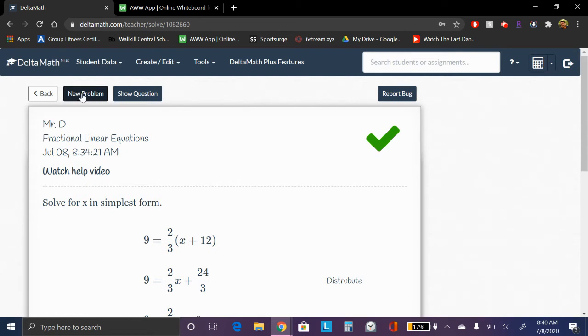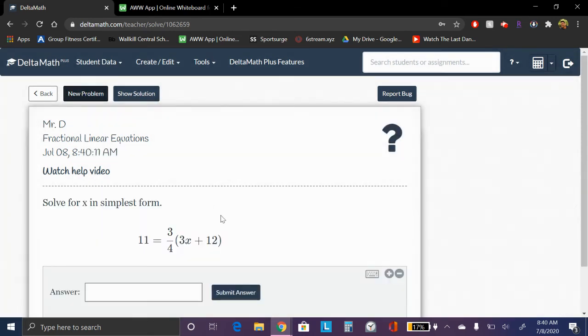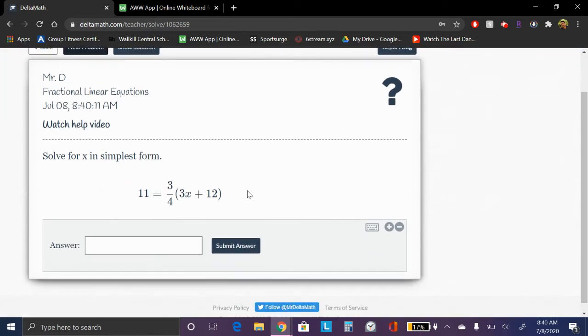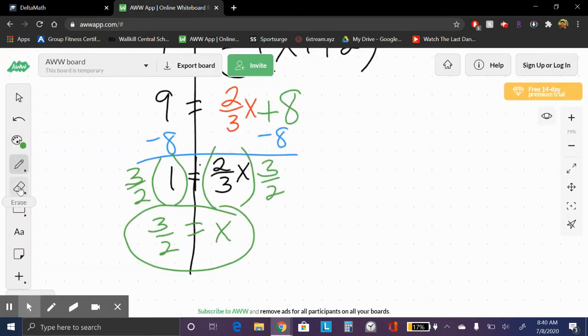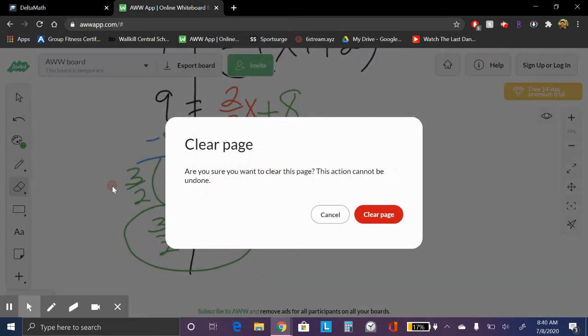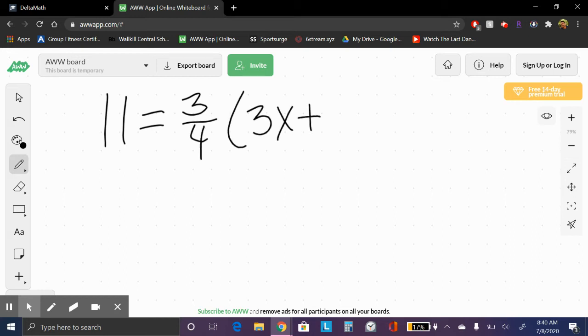All right, nice. Let's look at another one. Right here, 11 equals 3/4 times (3x plus 12). Let me clear my page. 11 equals 3/4 times (3x plus 12).